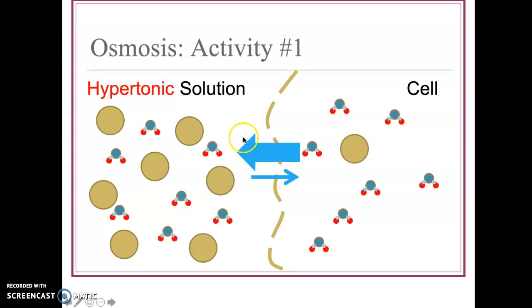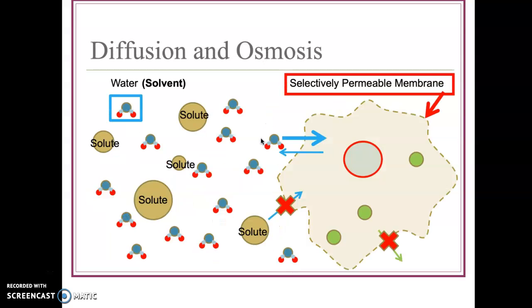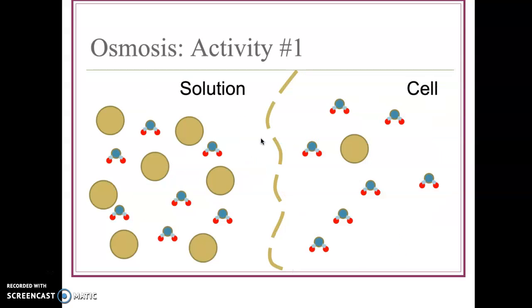So this is an example of what's called a hypertonic solution. There's an awful lot of solutes on one side of the cell. Which side of the cell are the solutes on? What is a solute and what is a solvent? If we had, for example, Kool-Aid in water, the powder is the solute and the water is the solvent.